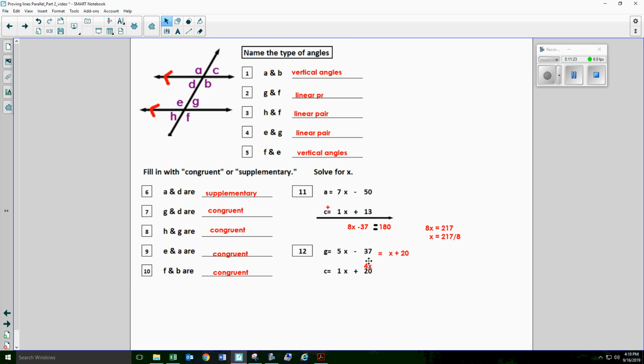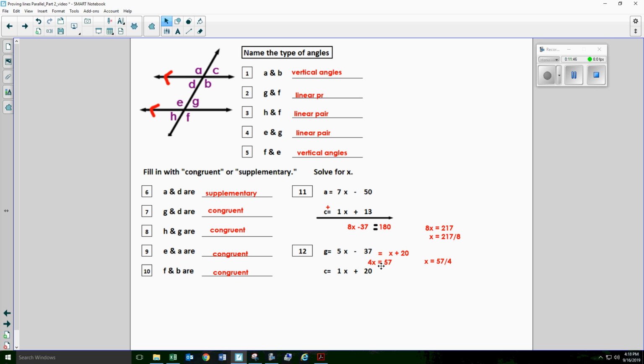That means I am adding the 37 across. So 37 and 20 is 57. When I solve that and divide by 4, I get x equals 57 over 4. That does not simplify, so I can just leave it right there, and that would be my answer.